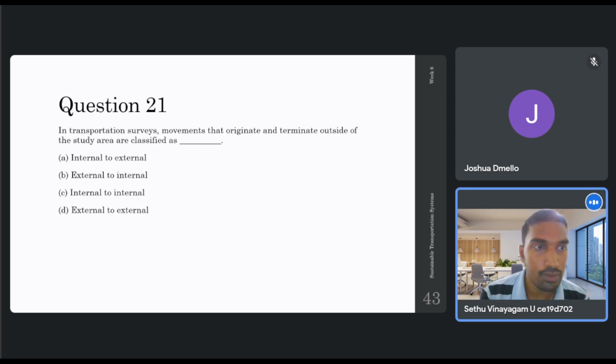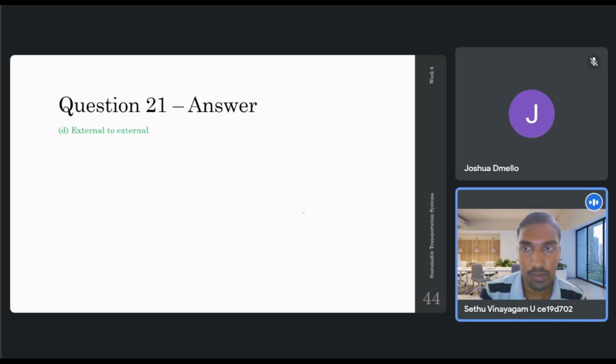The right option is option D. It is external to external.